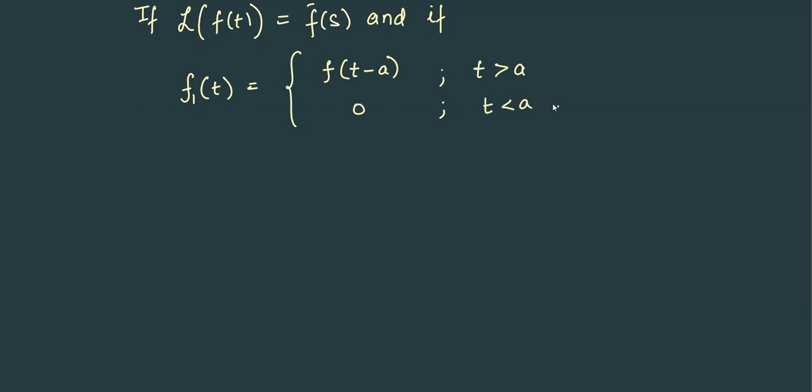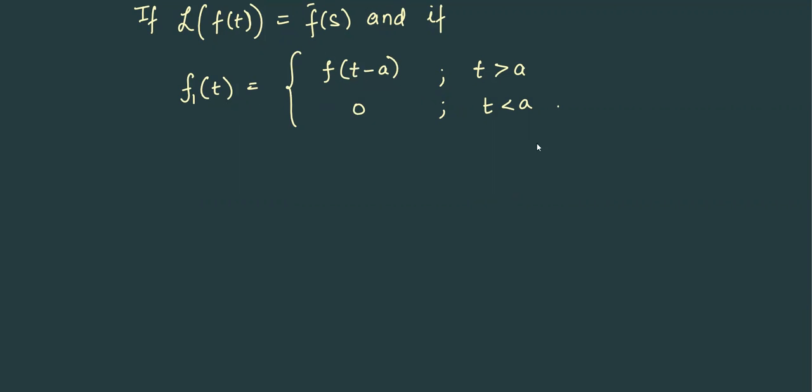This is the original function, but now if t is greater than a, then at a it will be f of 0, at a plus 1 it will be f of 1. So the whole function has been shifted along the x-axis by a units, and below that, if t is less than a, it is 0.